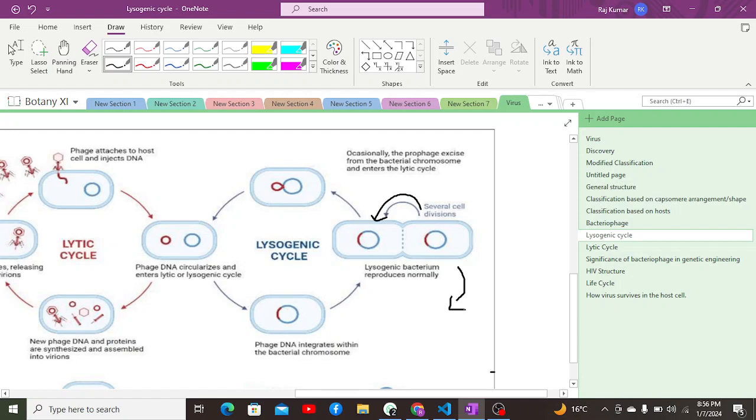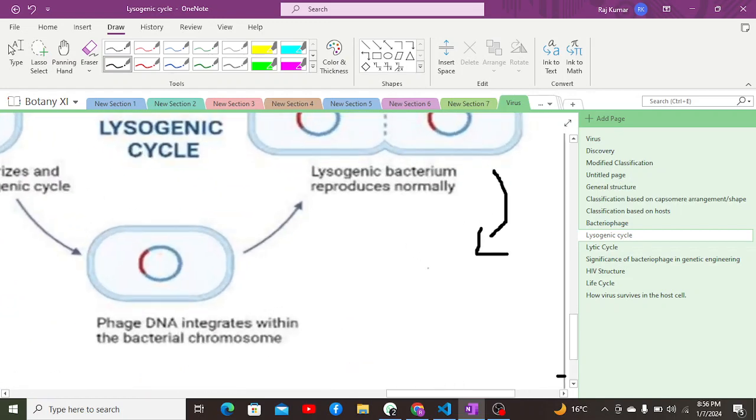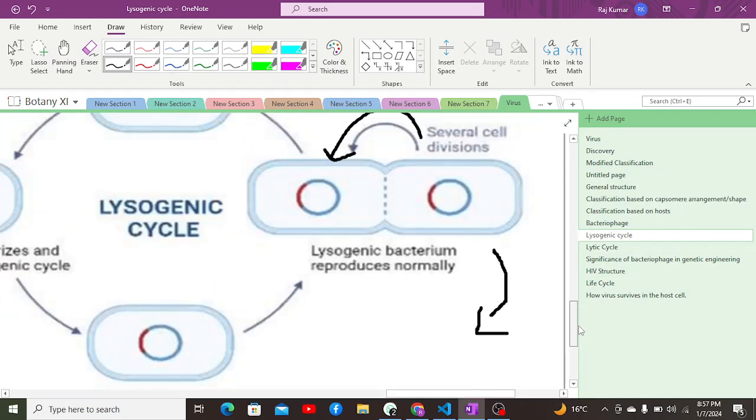There is only a close switch-off of the genes, which means there are genes for the lytic cycle, but they are turned off by the inhibitor present within, as these phages have a gene regulatory system as well. So they just turn the genes off, and this turning off of genes leads to the lysogenic cycle.